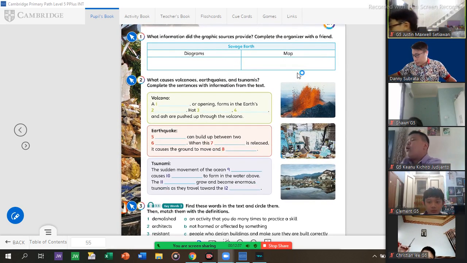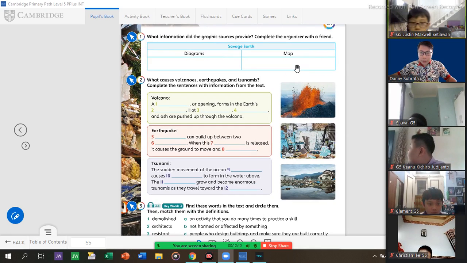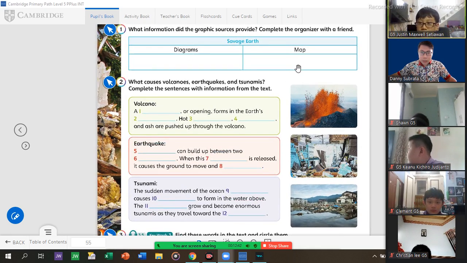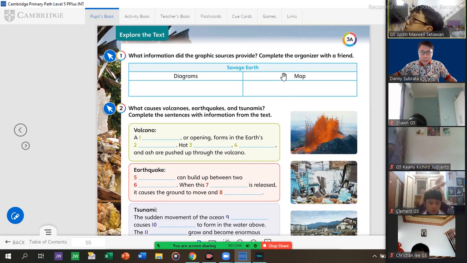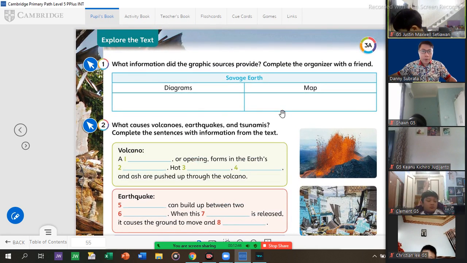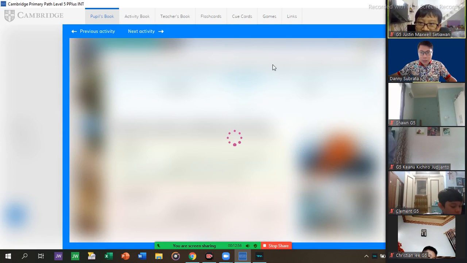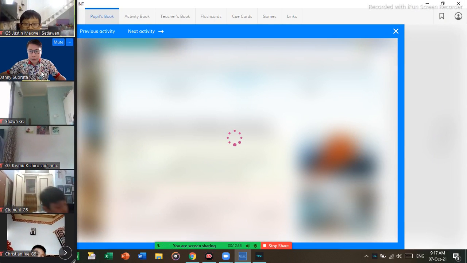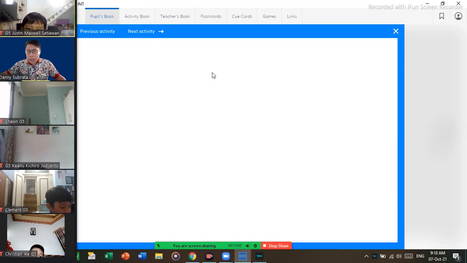Okay, now let's move on to the book. This is page 55. Now we want to explore the text that we just read last time. I know this is still a little bit about reading. Now, tell me the information of the graphic sources in the text.